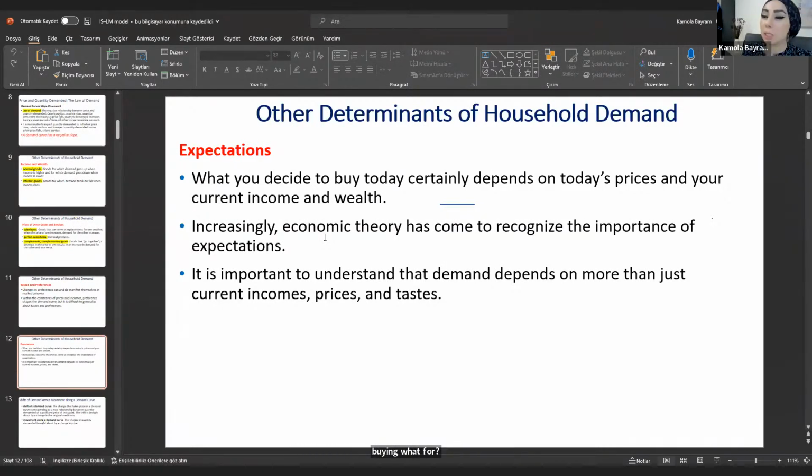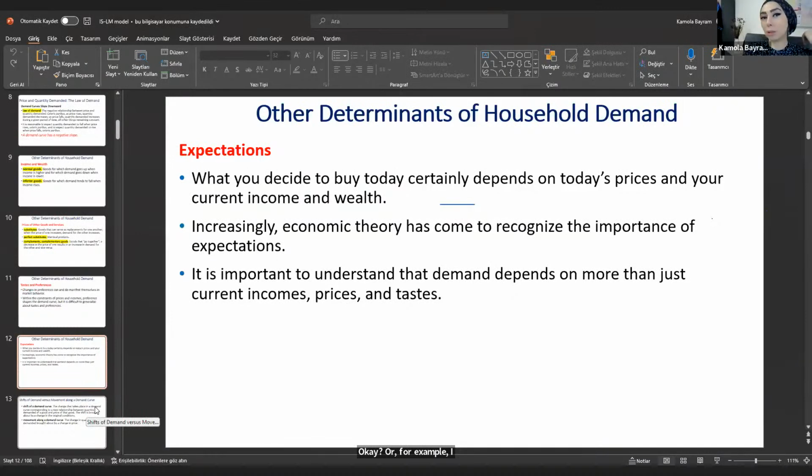So expectation will affect your decision on consumption. It is important to understand that demand depends on more than just current income, prices, and tastes. It's also expectations, okay? Or, for example, I don't need a winter outfit today.